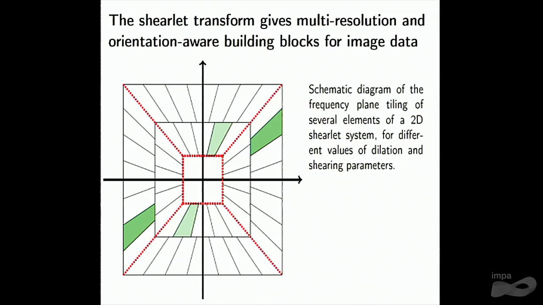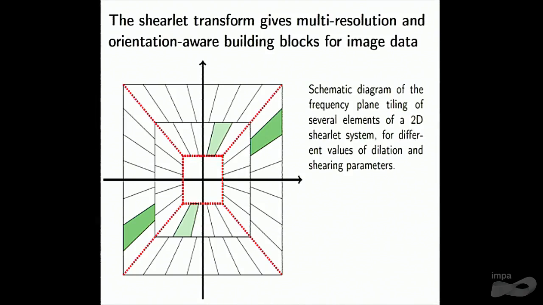For example, these two darker green pieces contain the essential non-zero parts of the Fourier transform of one of the shearlets with a smaller scale, and these are for a little bit bigger scale shearlet. And the number of angles will increase when you go to smaller details.